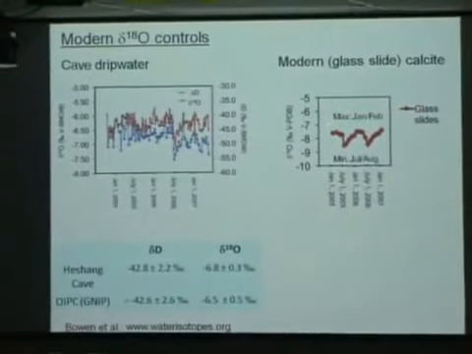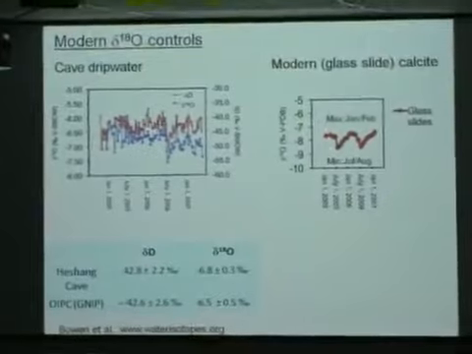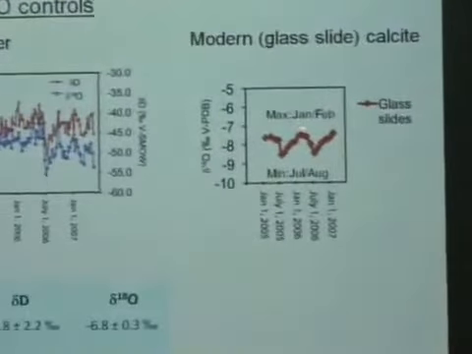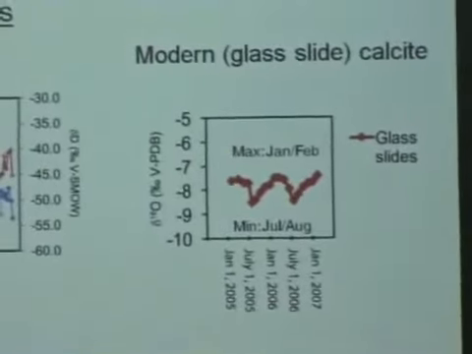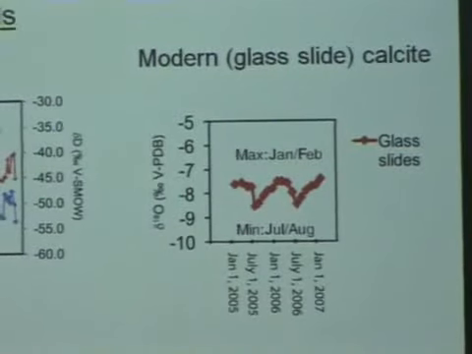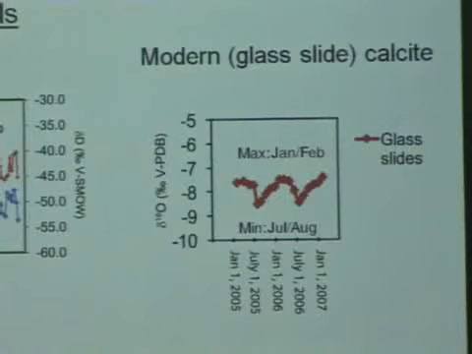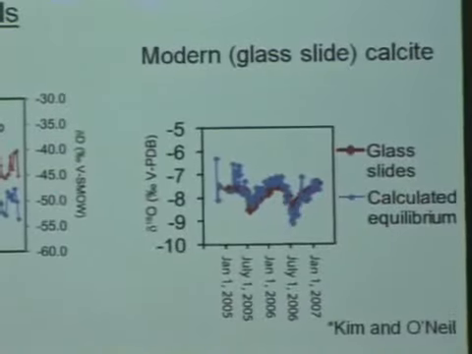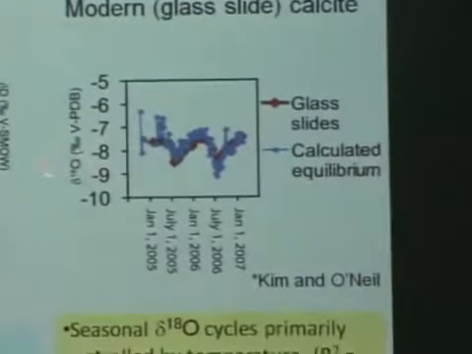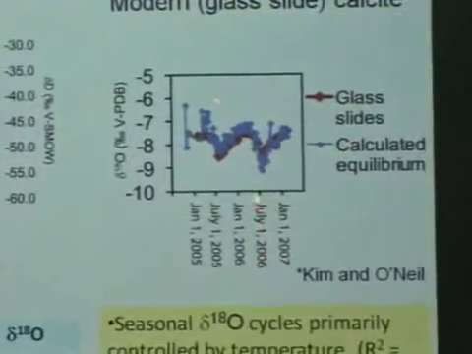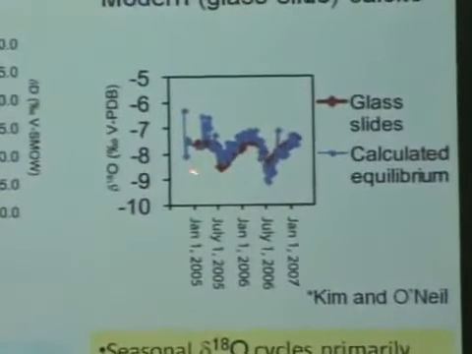Shown here now is the delta 18 of the glass slides, showing a clear seasonal cycle. And one interesting thing is that because we have the drip water delta 18 data and we have the temperature data over the same time period, we can calculate what the delta 18 of the calcite should be. And if we do that, we get a very nice match, which shows that this calcite is deposited in equilibrium.